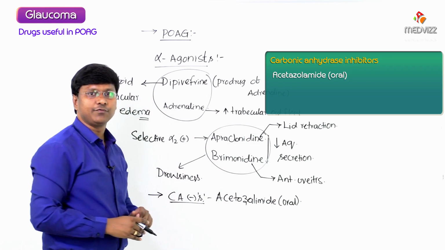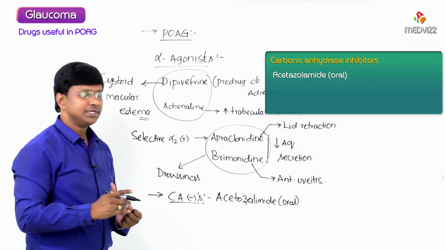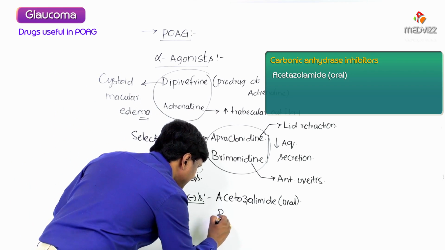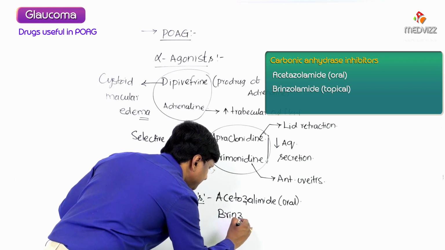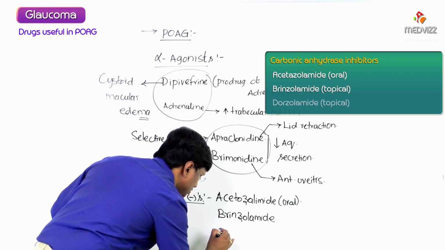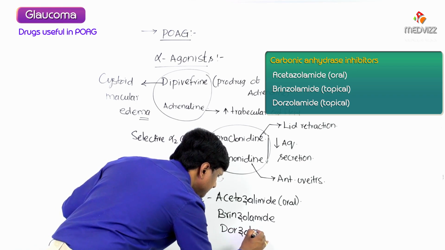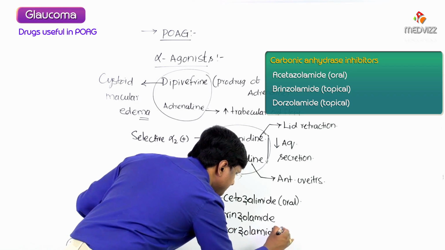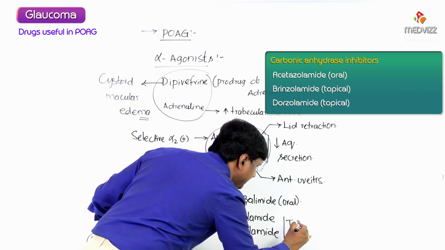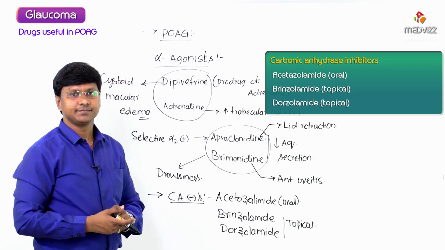Right, this is the oral formulation. Then we have topical formulations. The topical formulations are brinzolamide as well as dorzolamide. Okay, so brinzolamide and dorzolamide are applied topically into the eye.